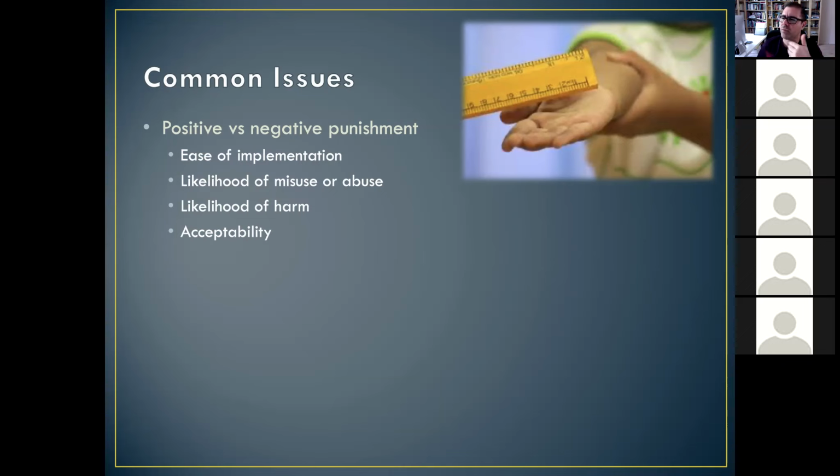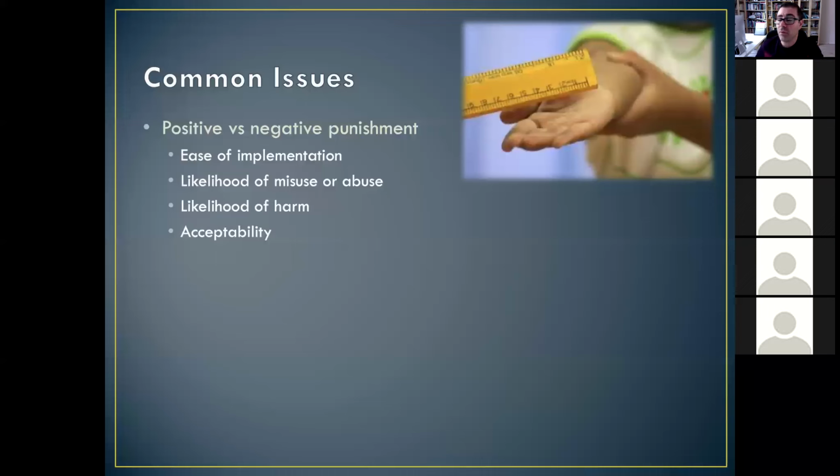So timeout or response cost is considered to be a little less problematic, but it still involves removal of reinforcers, which is not necessarily a pleasant procedure. So I'm sure that when your parents grounded you or put you on timeout or removed things that you had, and now you engage in problem behavior, now you don't have access to those things anymore.